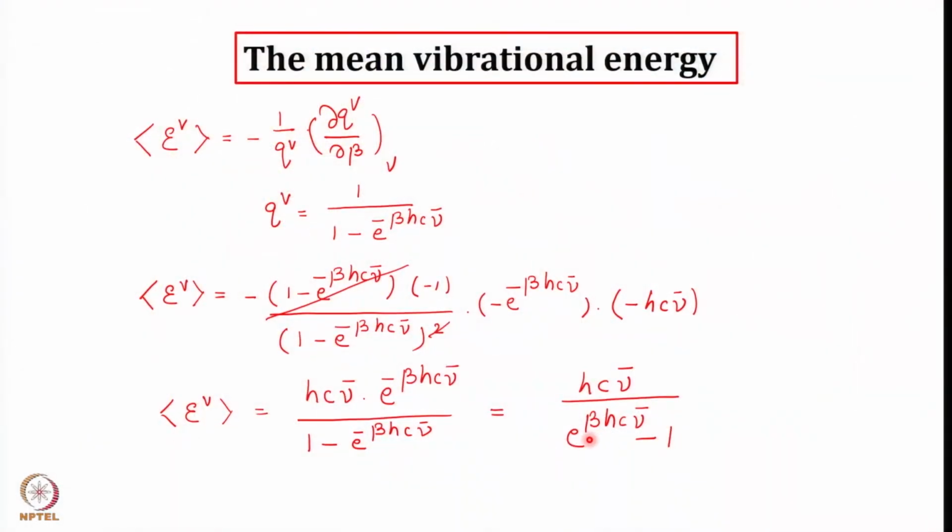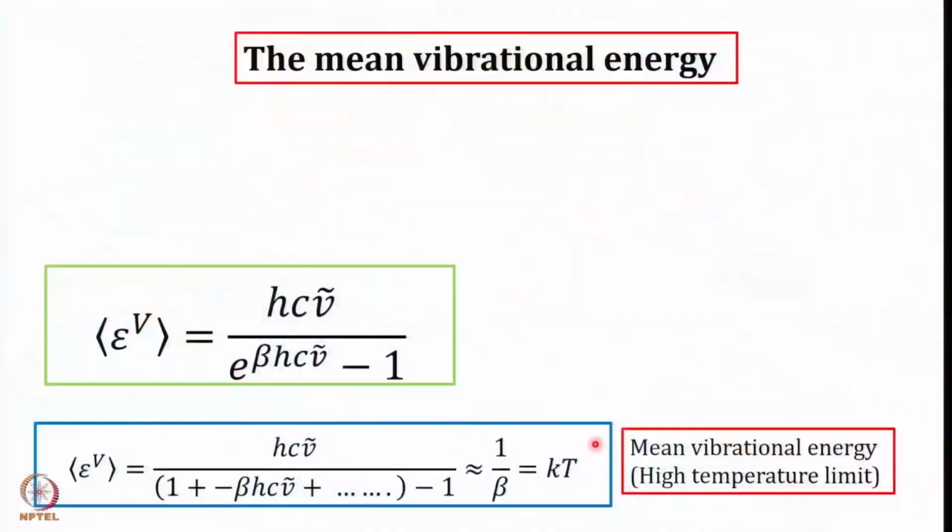Now based upon this expression, we can talk about the dependence of mean vibrational energy upon temperature. Remember that this is a general result, neither low temperature nor high temperature approximation has been invoked. So what we have is mean vibrational energy is equal to hc nu bar divided by exponential beta hc nu bar minus 1. As I just mentioned, this is a general result.